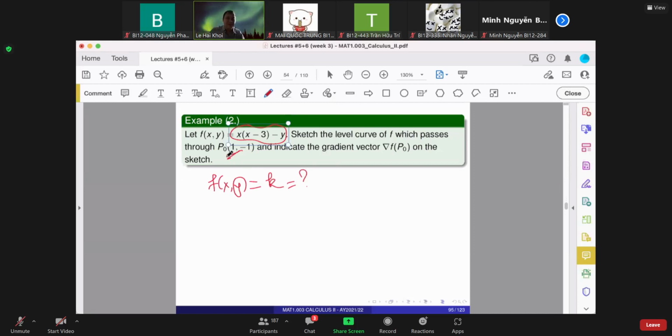But from the given assumption, this level curve passing the point P0 (1, -1), which means f(1, -1) satisfies this condition k, and you can find this, which is negative 1. That is k equal to negative 1, right? And now you have to write down the equation of this level curve and sketch it.